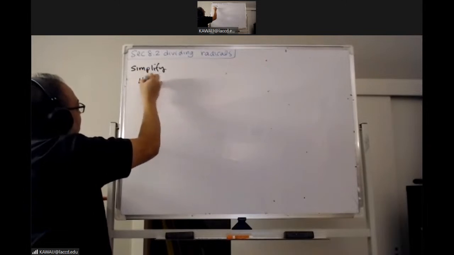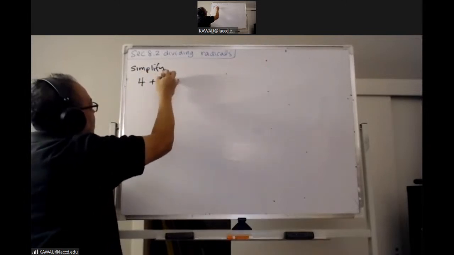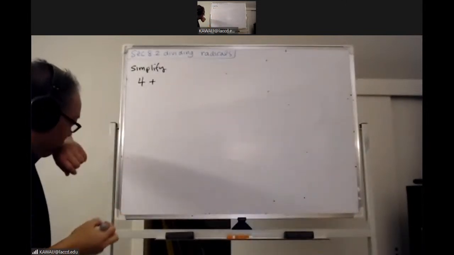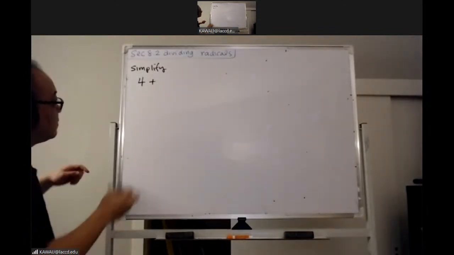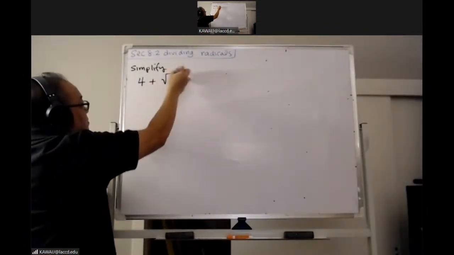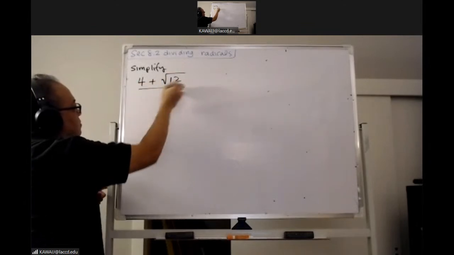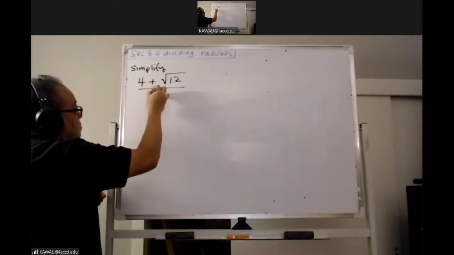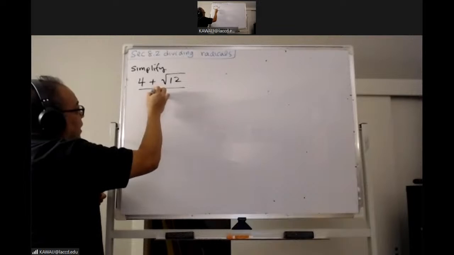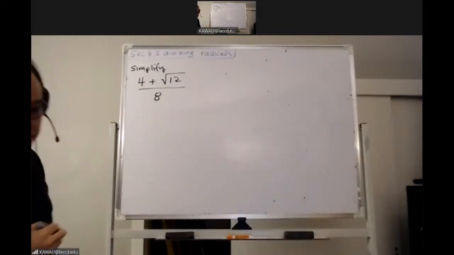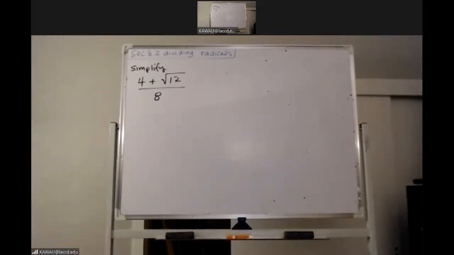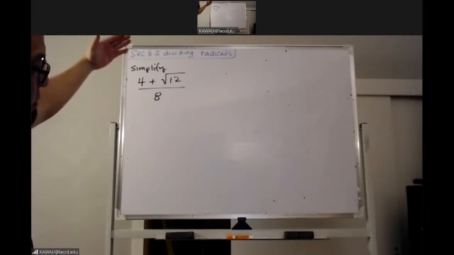So let's go 4 plus the square root of 12, all divided by 8. Now this is going to come up every so often. We'll simplify a problem.